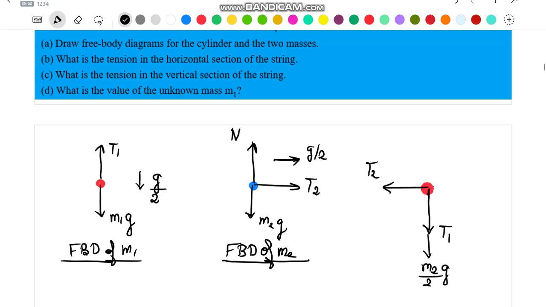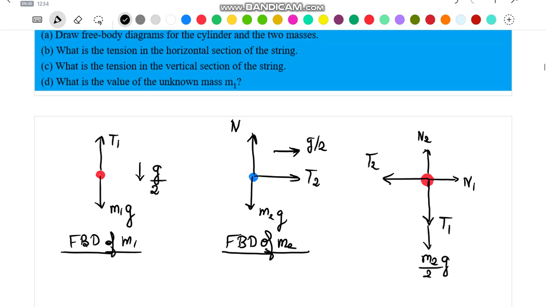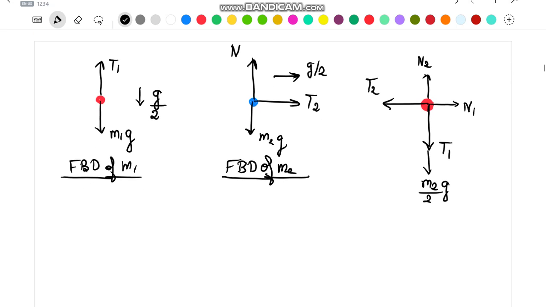Apart from that, hinge force will also act on this particular pulley, so we can denote the total hinge force by the two components n1 and n2. So this is the free body diagram of the pulley.